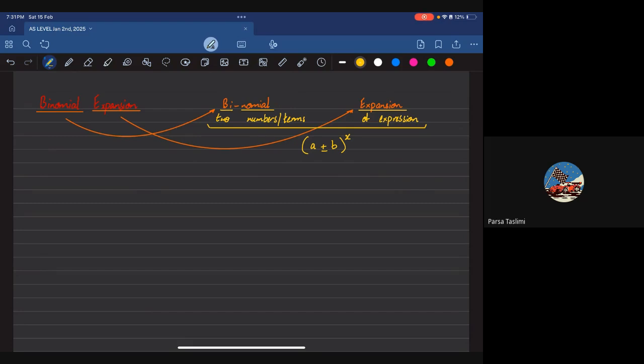Now let's look into the actual definition of binomial expansion.